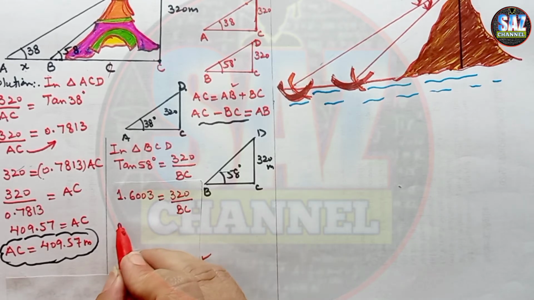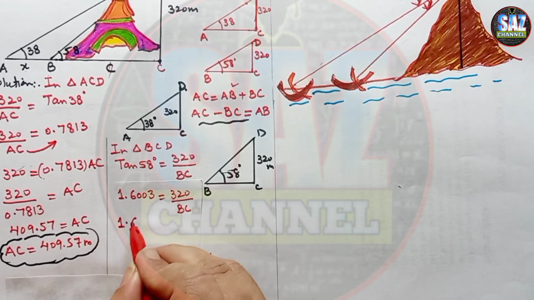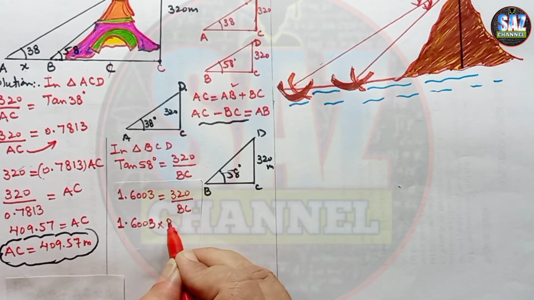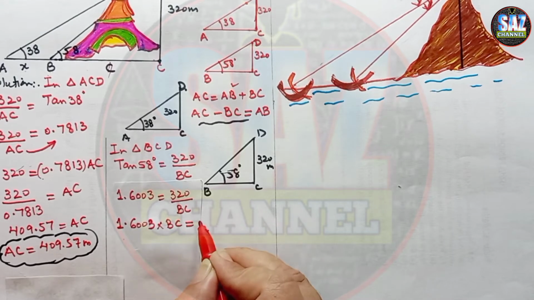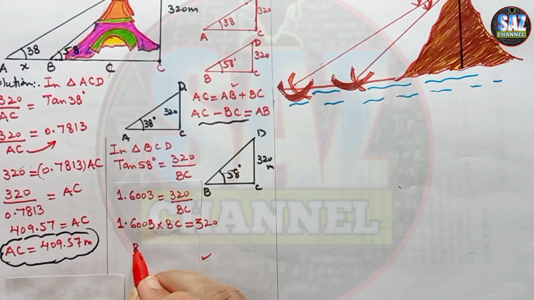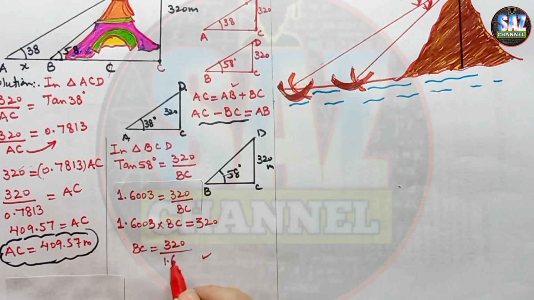Now shift BC to the other side and the equation will take the form 1.6003 multiplied by BC equals 320. Now BC equals 320 upon 1.6003.